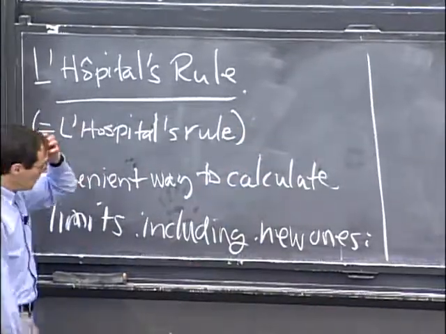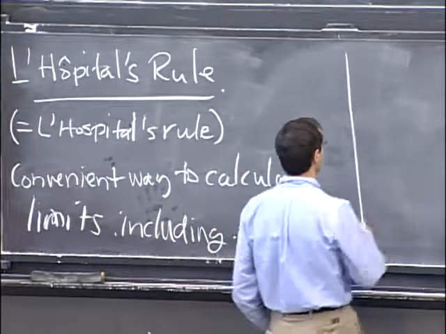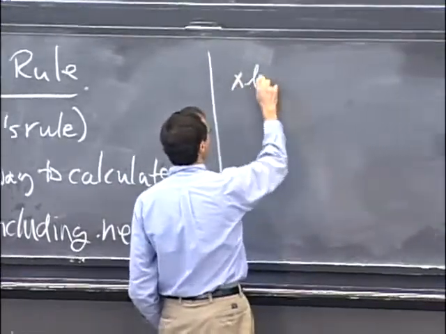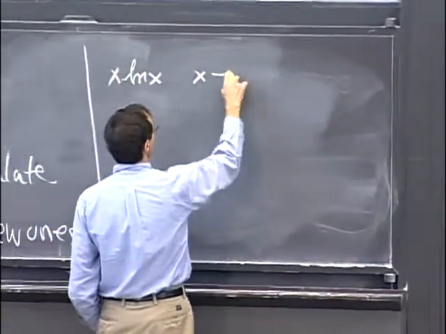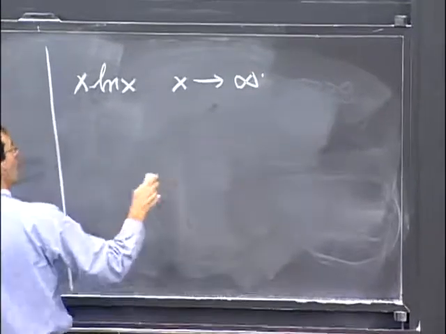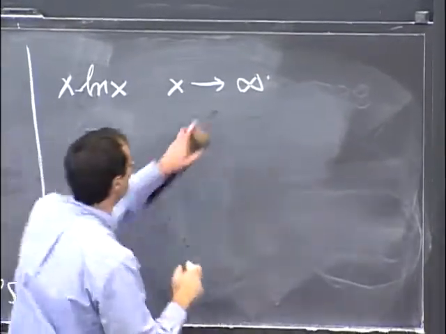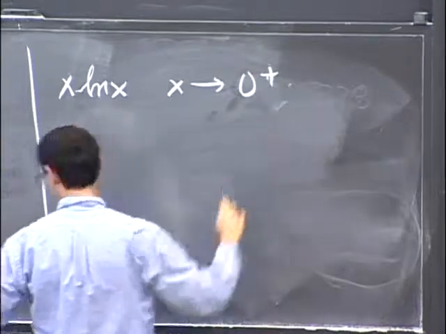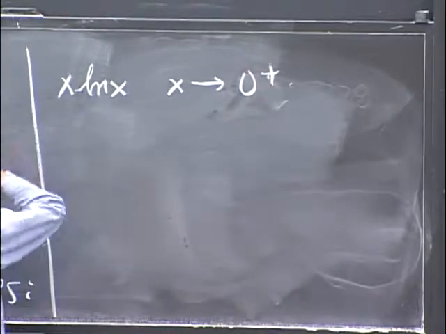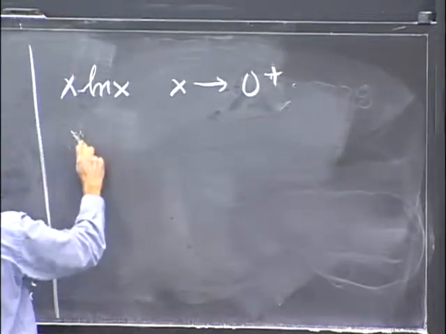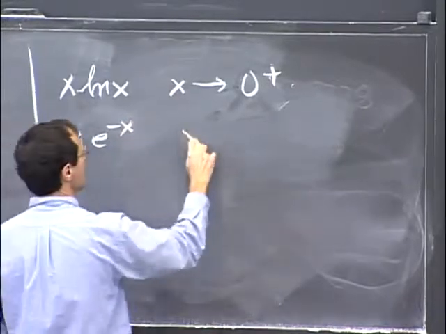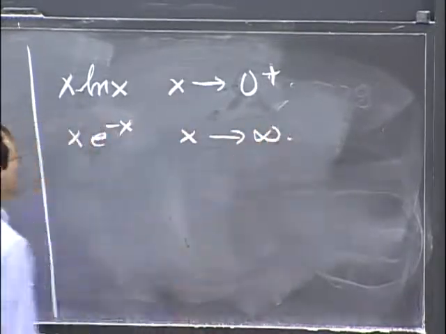And as an example, you can calculate x log x as x goes to infinity. Whoops, that's not a very interesting one. Let's try x goes to 0 from the positive side. And you can calculate, for example, x e to the minus x as x goes to infinity.